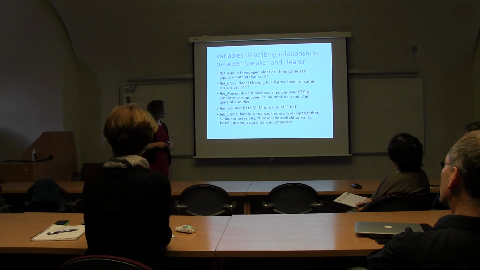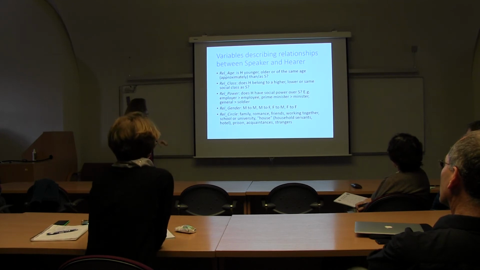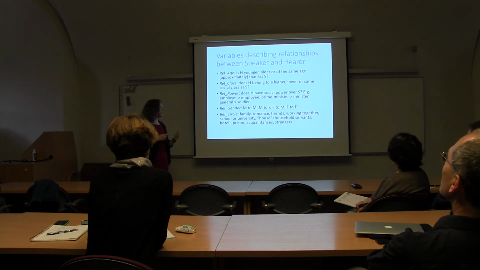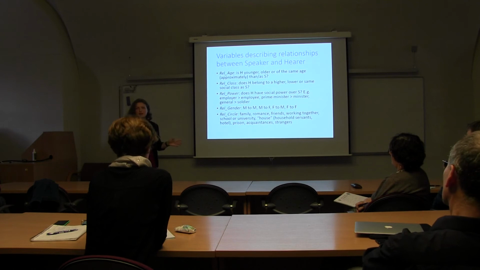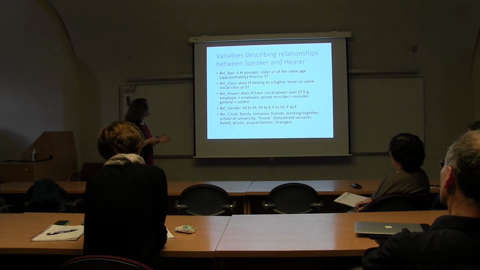The groups that I came up with are the following: family, romance, friends, people working together, people studying together at a school or university. I also had a category house, which can be just people living together in one location, like in a hotel or in a household, like servants, for example.